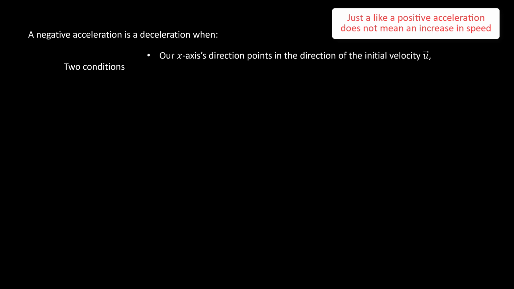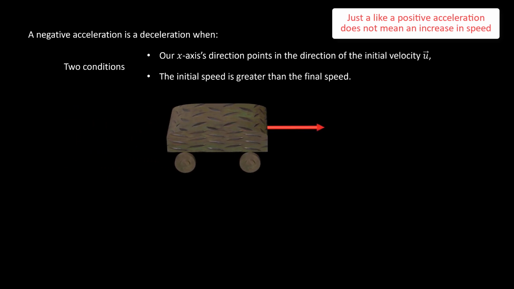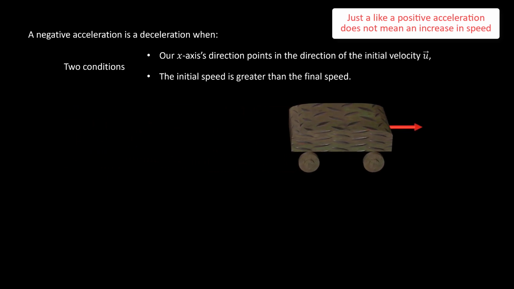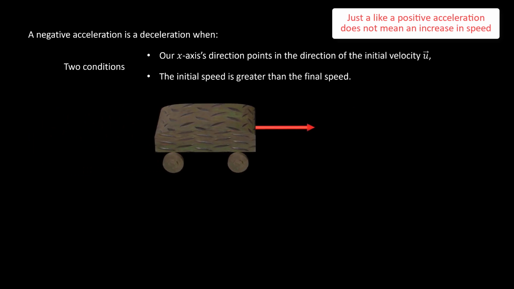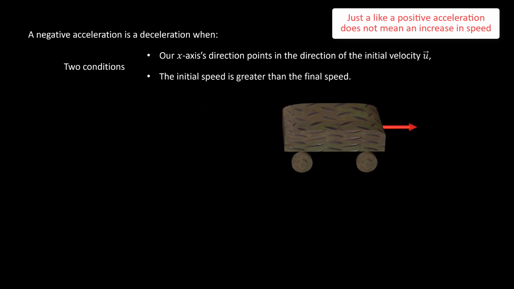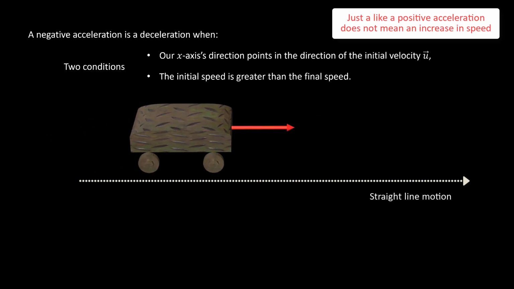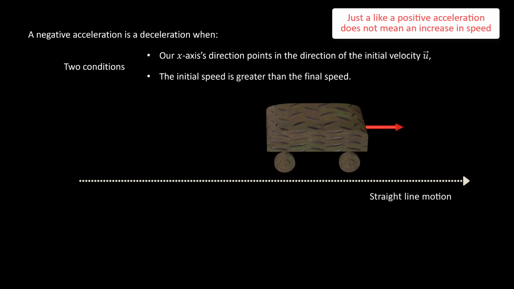A negative acceleration is a deceleration when two conditions are met. These two conditions are, number one, our x-axis direction points in the direction of the initial velocity. Second, the initial speed is greater than the final speed. When doing physics at lower grades, most of the time we encounter problems where the motion is taking place along a straight line without any change in direction.